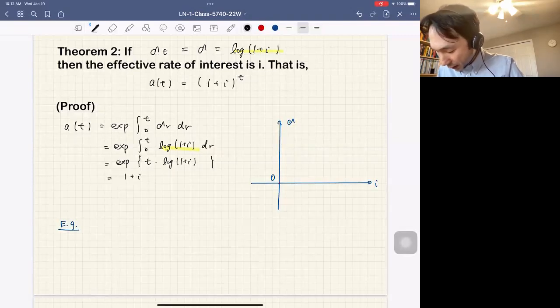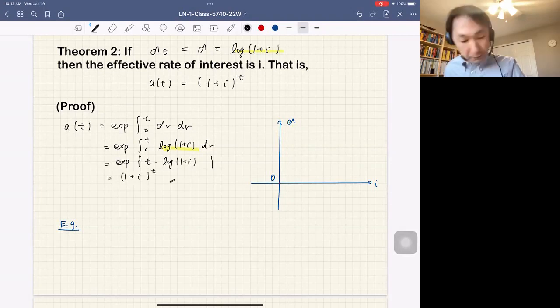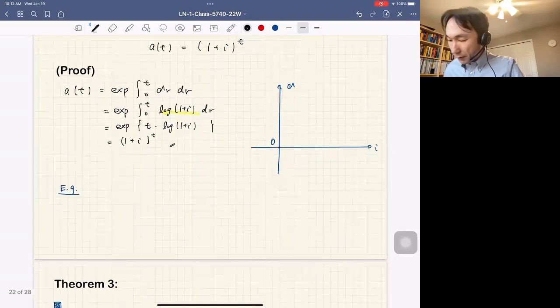So this is 1 plus I to the power t, and this is the end of the proof.